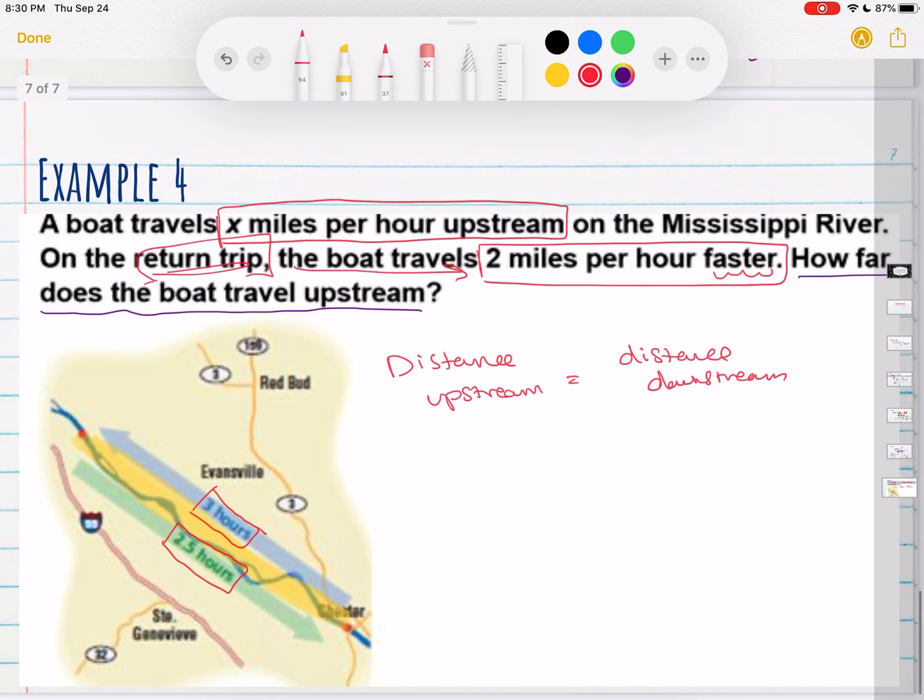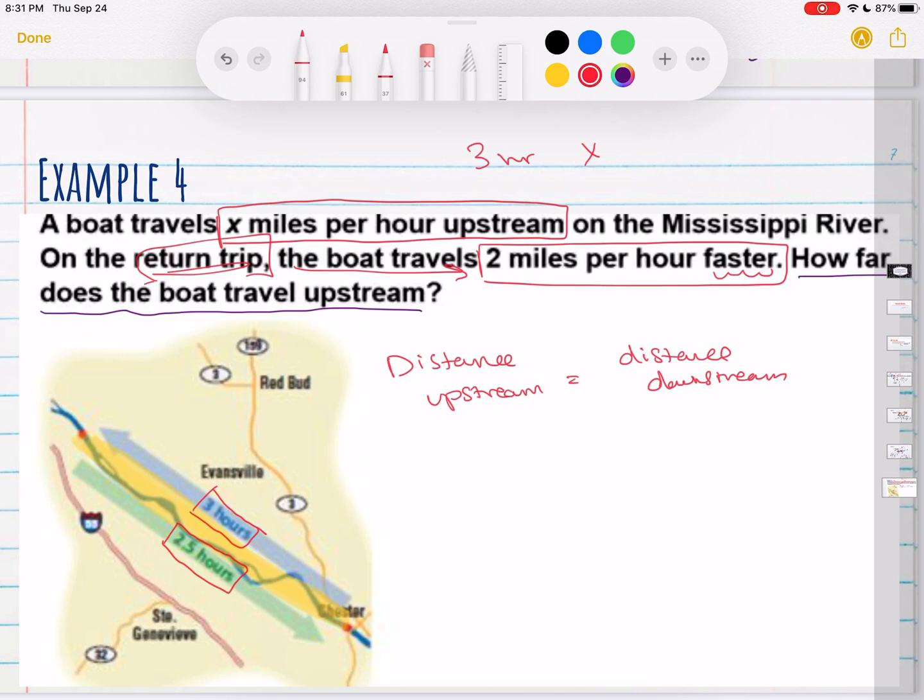Now, what is their distance upstream? I don't know if you've learned this in science yet, but our boat traveled for 3 hours upstream at x miles per hour. The amount of time times the miles per hour is going to give you distance. If you're traveling at 60 miles per hour for 1 hour, you traveled 60 miles.